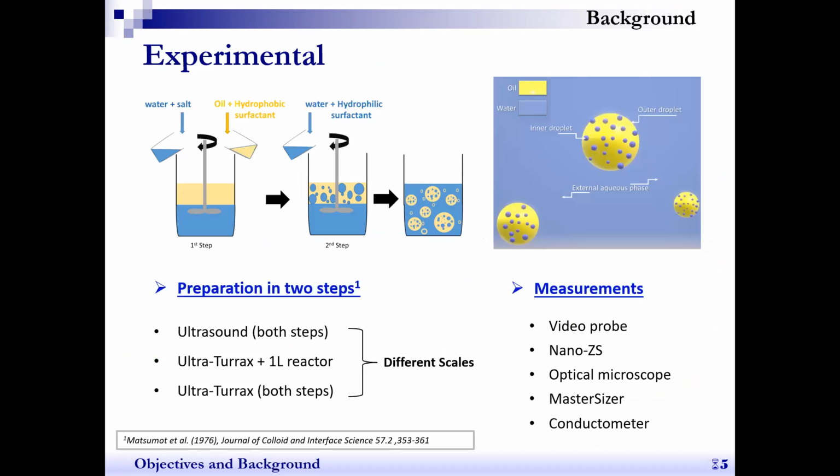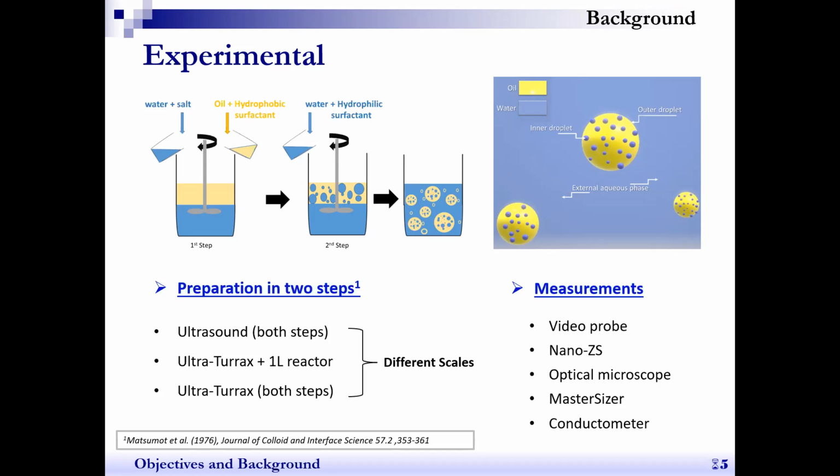During this work, we focused on preparing and studying the water-in-oil-in-water double emulsion. In order to prepare our double emulsion, we use the famous two-step method, where in the first step, the NaCl solution is mixed with the oil phase, where we have oil and hydrophobic surfactant.